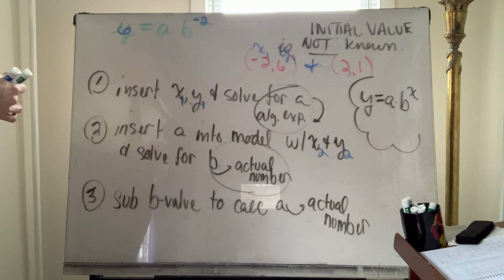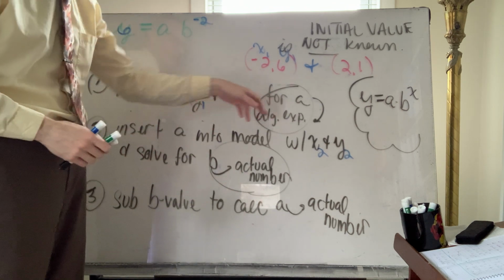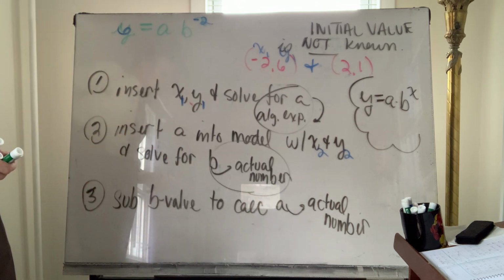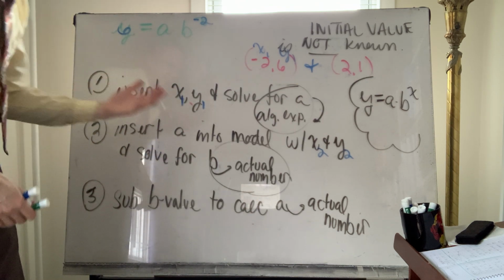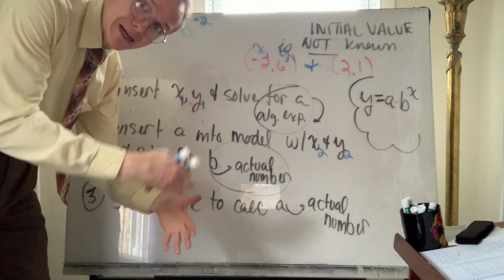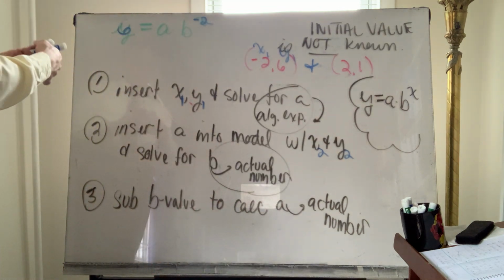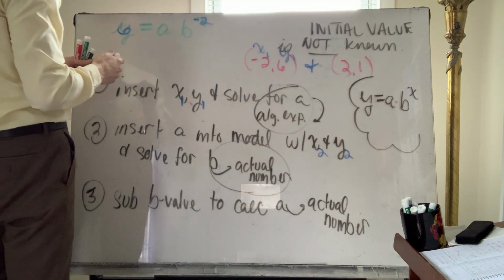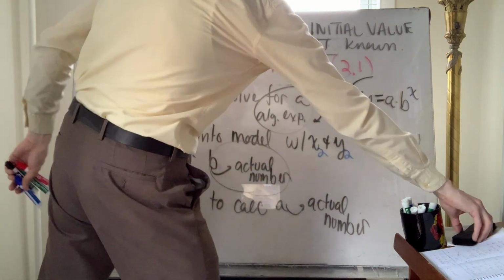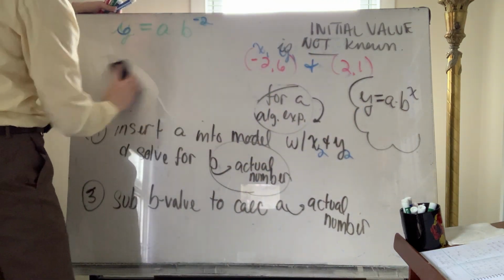And then we will solve for a, which means that we're going to unfortunately get an algebraic expression rather than a number initially.